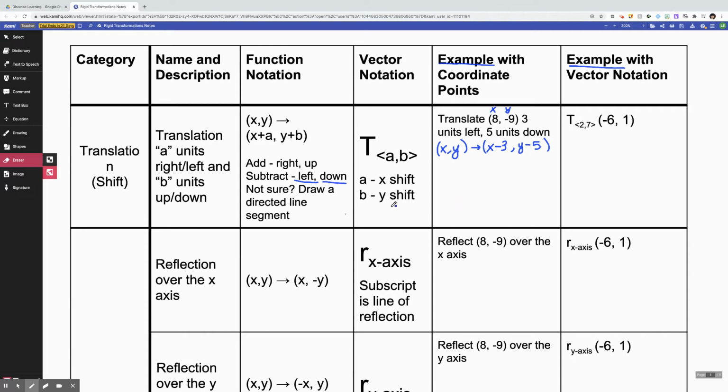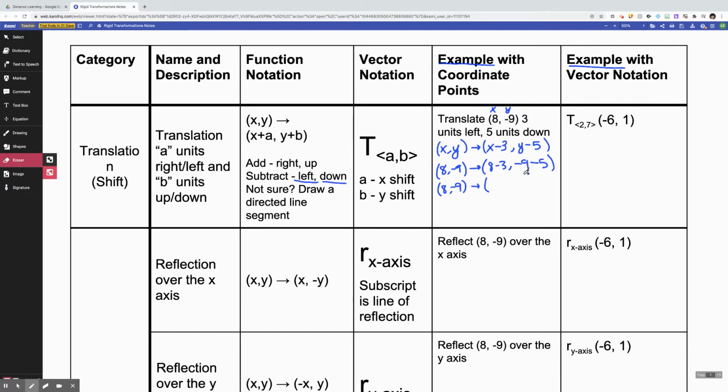Okay, so here I have 8, -9 becomes something else. So you have 8 minus 3 here, comma, and then -9 minus 5. Okay. So the input is going to stay the same. You're not doing anything with the input, okay? And then you have to do this subtraction right here.